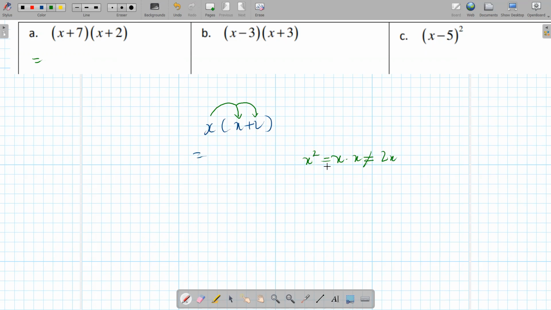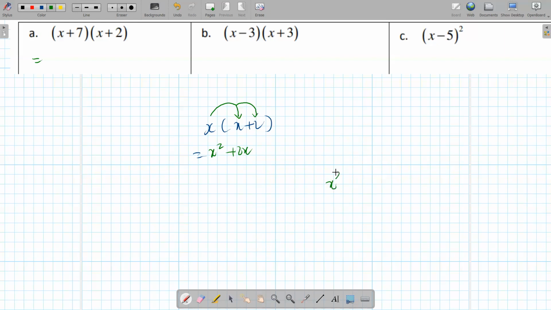There's a difference, right? Look at this, 3 times 3. Well, 3 times 3 is not 6, it's 9, because you got to do 3 squared. So likewise, x times x is x squared, and then you have x times 2, which is 2x.